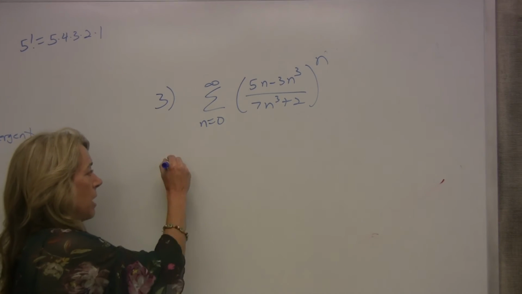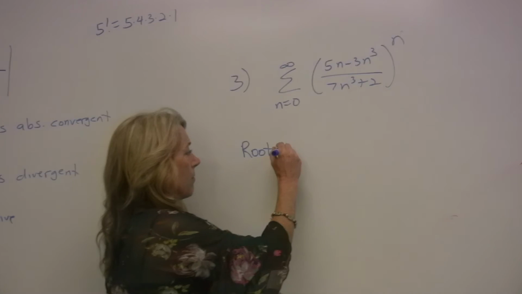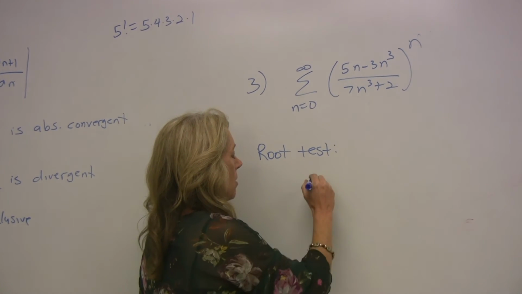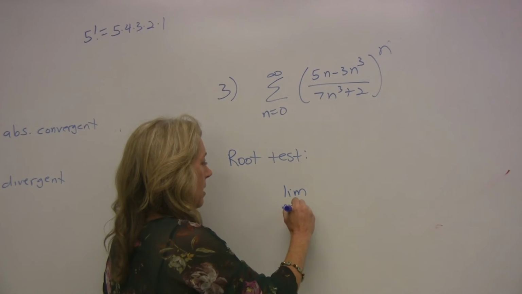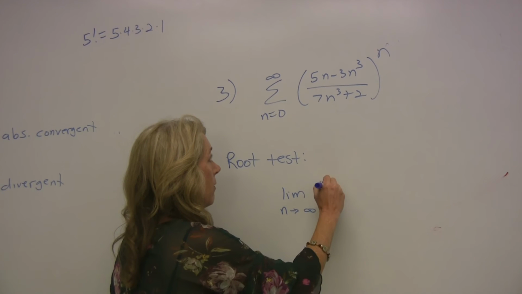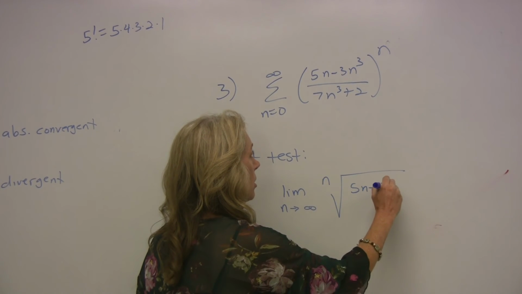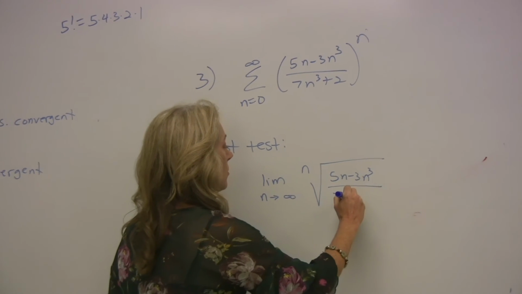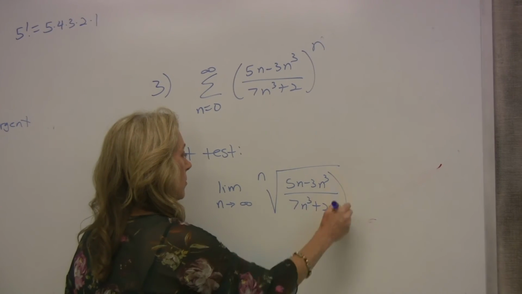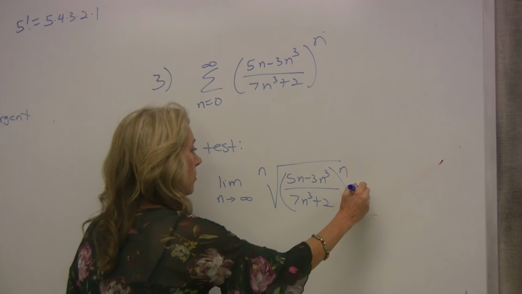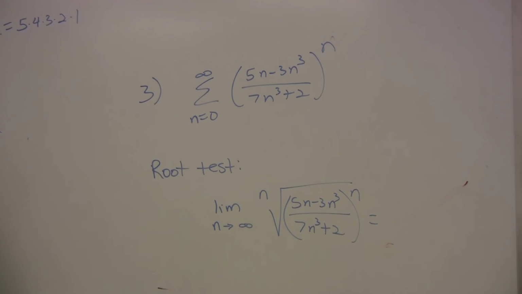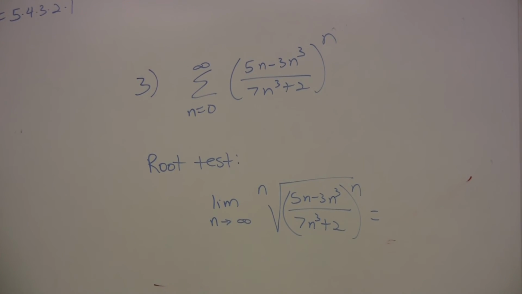So to use the root test, we'll take the limit as n goes to infinity of the nth root of this whole term, the nth root of the nth term.